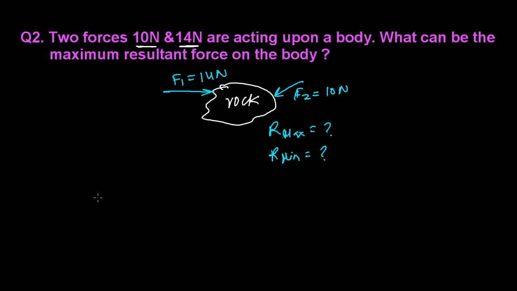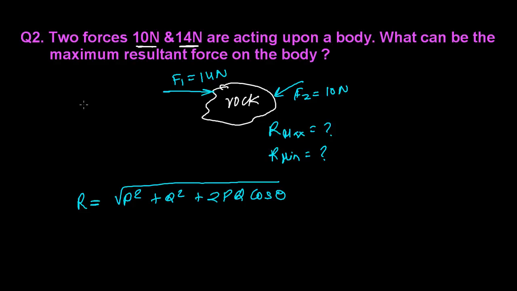And for the resultant, what we had learned while doing the derivation of the triangle law is that the resultant of two vectors acting at a certain angle theta is the square root of P square plus Q square plus 2PQ cosine of theta. This was the resultant.